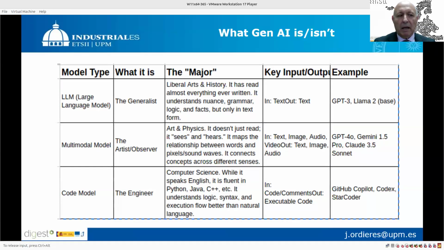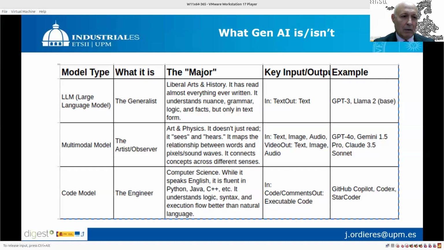Those LLMs can be classified in different families. Let's say one is the classical, more generalist LLMs, which were basically oriented to produce text. They take text as an input, elaborate the analysis, and then provide text. Examples are GPT, the initial versions, Llama from Meta, etc.